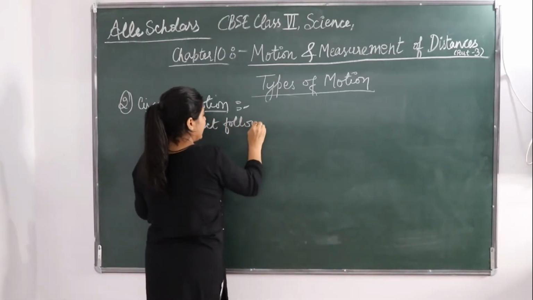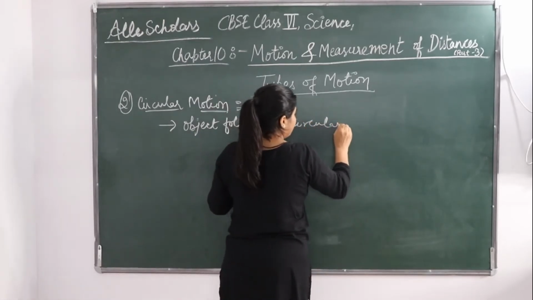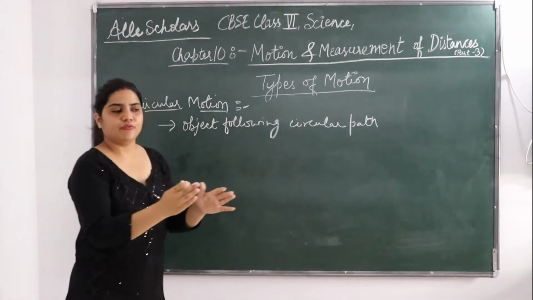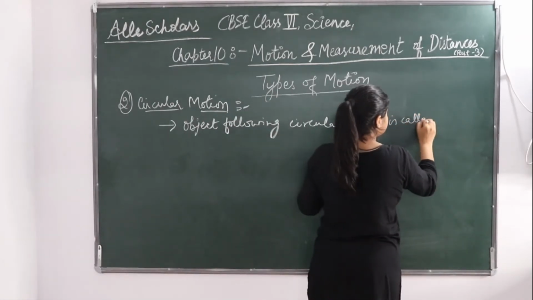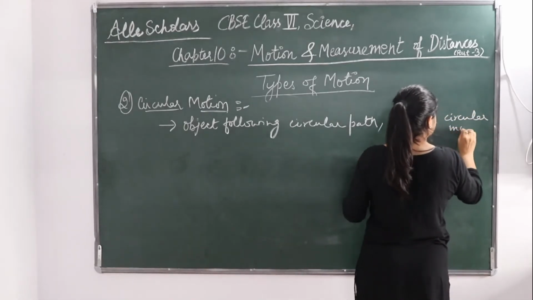Object following a circular path. Okay, so that kind of motion is called circular motion.